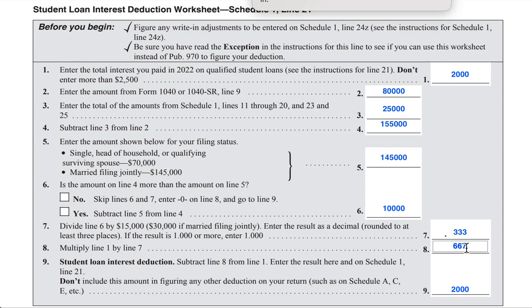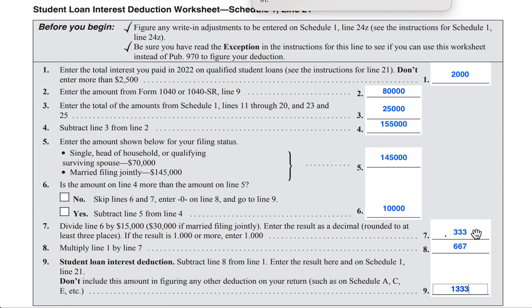And now we're going to subtract the line 8 number from line 1, and we would end up with a number like $1,333. Now that's the number that we would calculate as our tax deduction after the phase out. So this schedule is pretty straightforward.